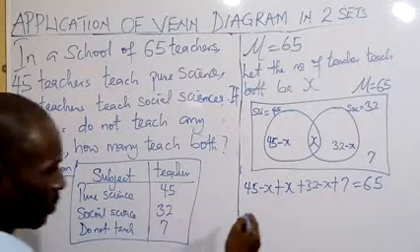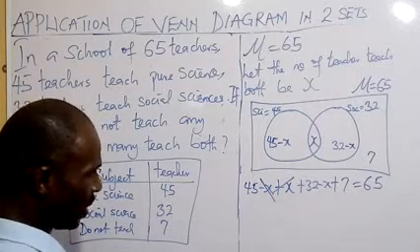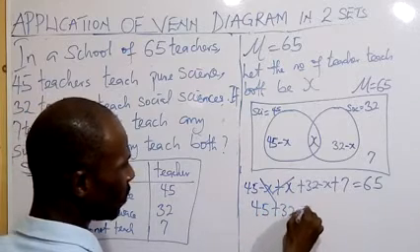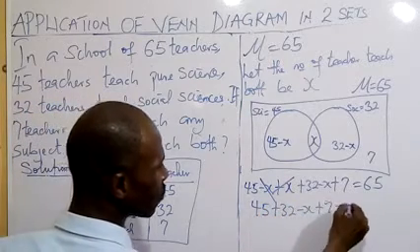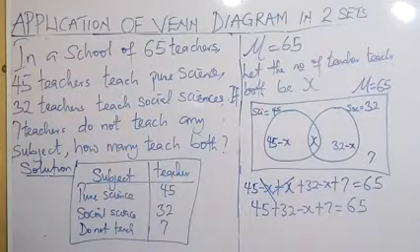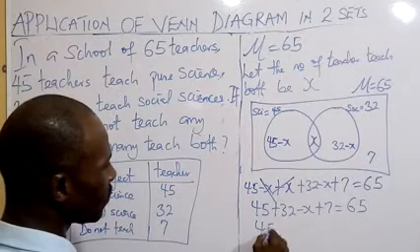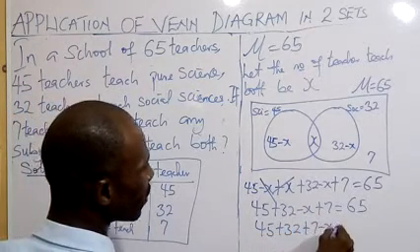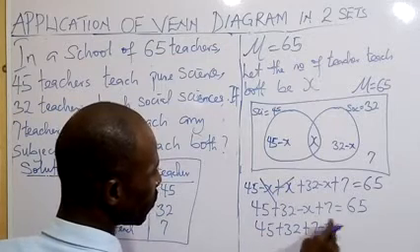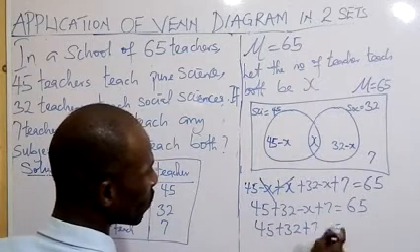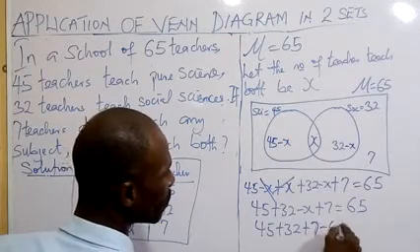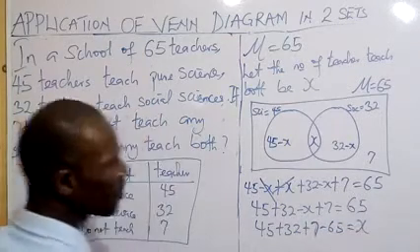We can collect like terms here. This X cancels this, so we have 45 plus 32 minus X plus 7 equals 65. Collect like terms: 45 plus 32 plus 7 minus X equals 65. Take the X out, bring the 65 in: minus 65 equals X.